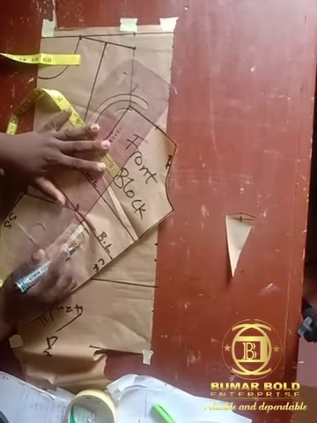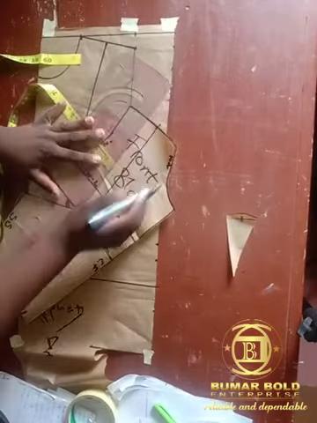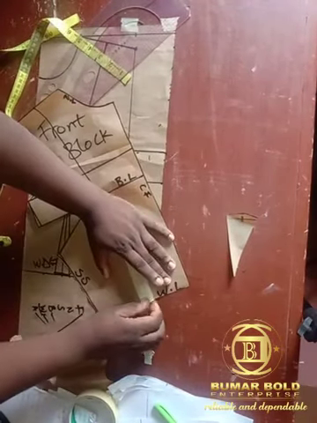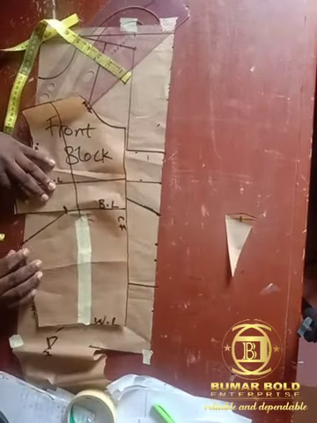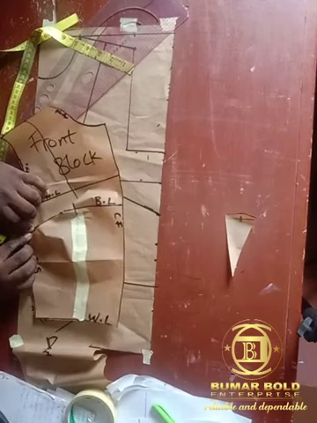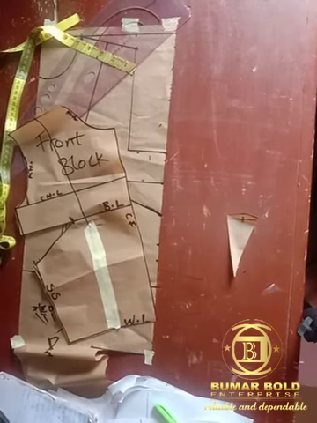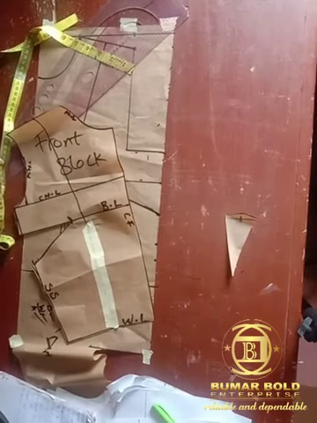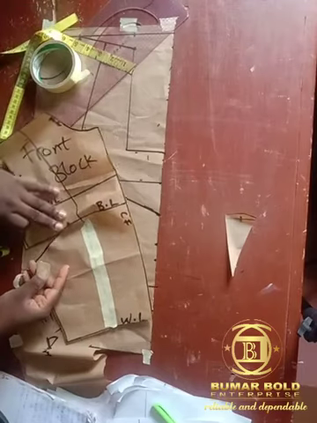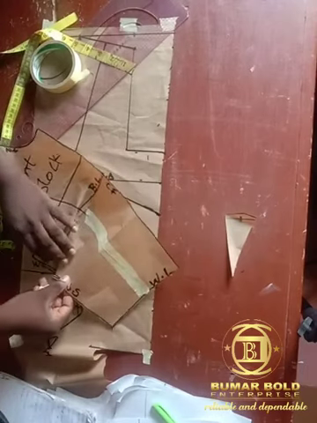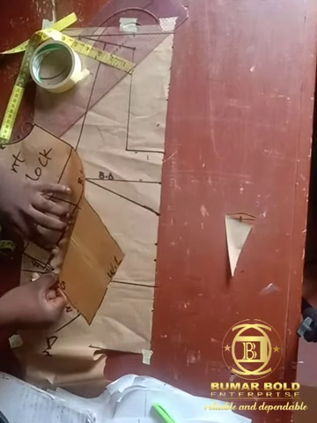Connect it to the bust area like so. Then what I'll just do here is close this. This should be closed too. We are assuming that this bust point one is not there. So let's assume it's not there at all.